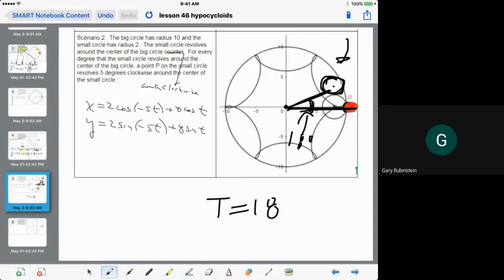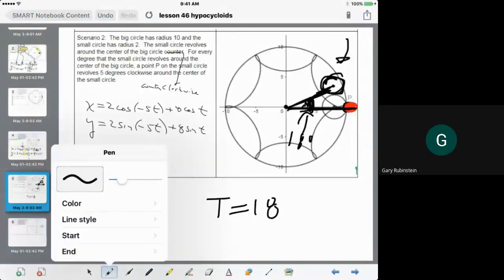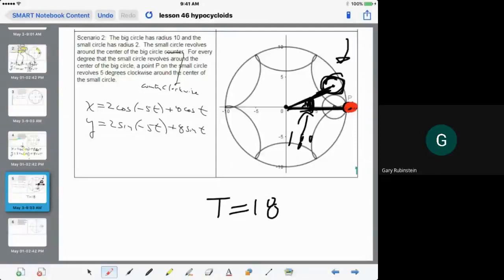Okay, so the circle has revolved 18 degrees. That's this angle right here. My question is, where is this red point going to be after this 18 degrees has happened? Where on this small circle would it have to be?